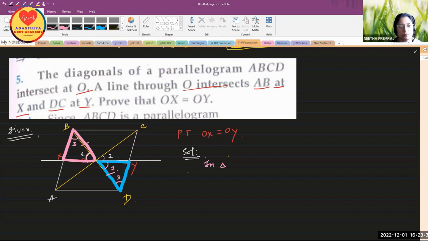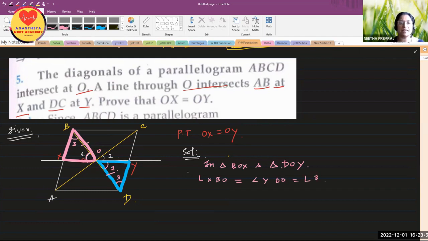Triangle BOX and triangle DOY. Angle XBO is equal to angle YDO, that is equal to 3.